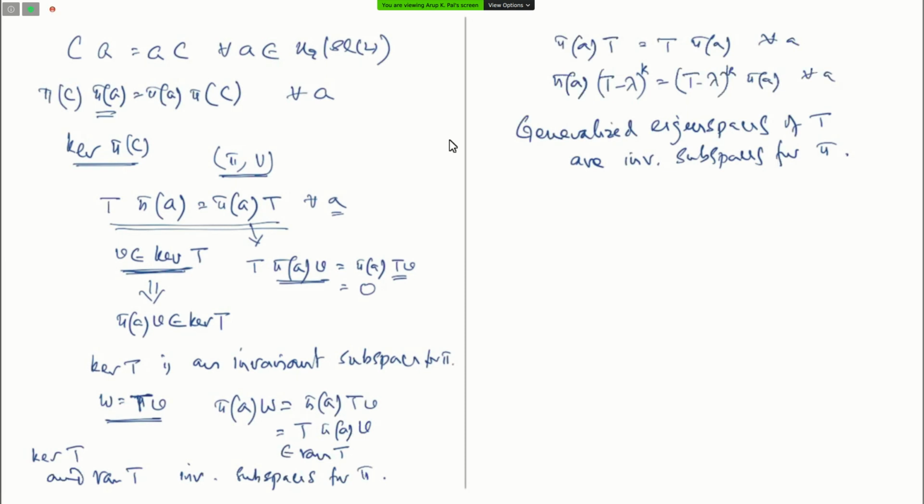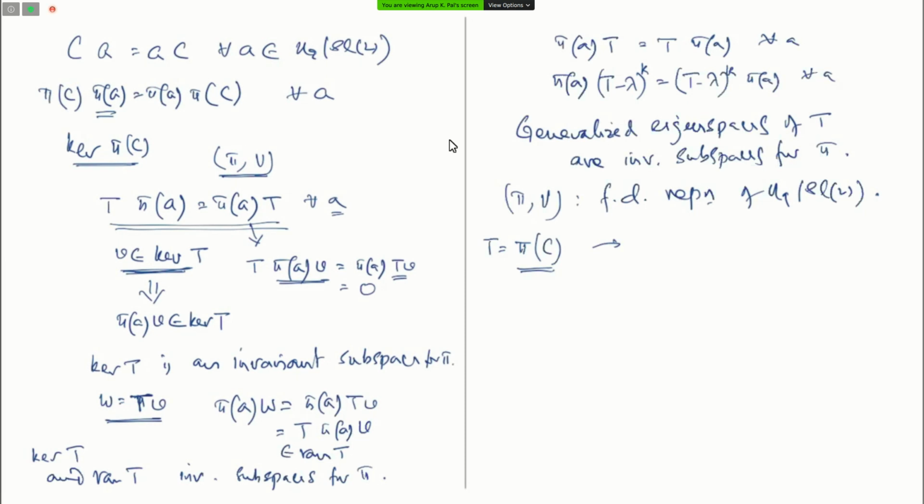So we want to prove: we start with a finite dimensional representation of U_q sl2, and we want to prove that this can be decomposed as a direct sum of irreducibles. So first thing you do is you look at this operator. This is going to be your T. You look at its characteristic polynomial.